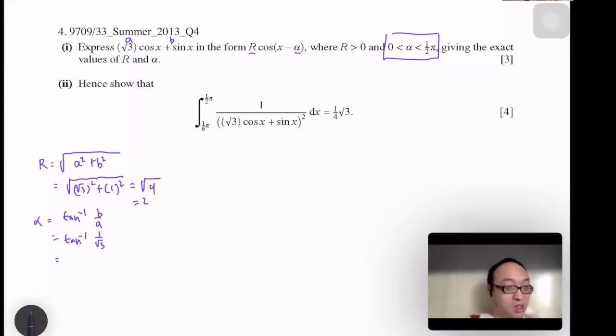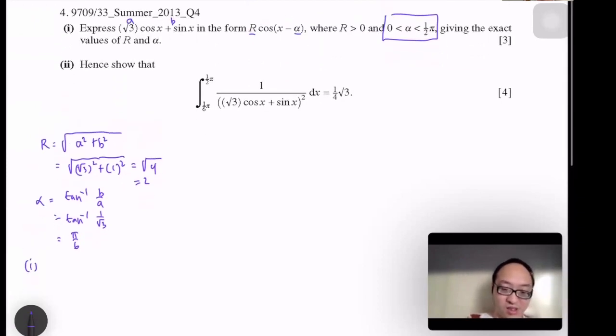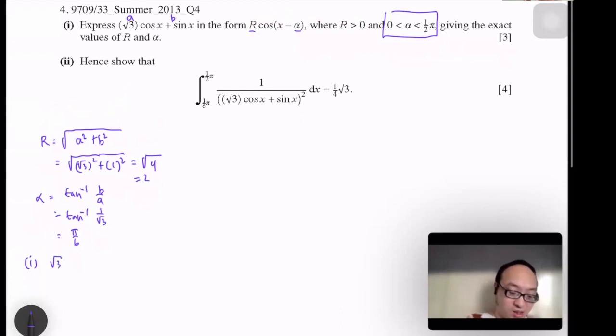This is pi over 6. So for number I, we can change root 3 cos x plus sine x equals 2 cos of x minus pi over 6. So this is the answer for I.